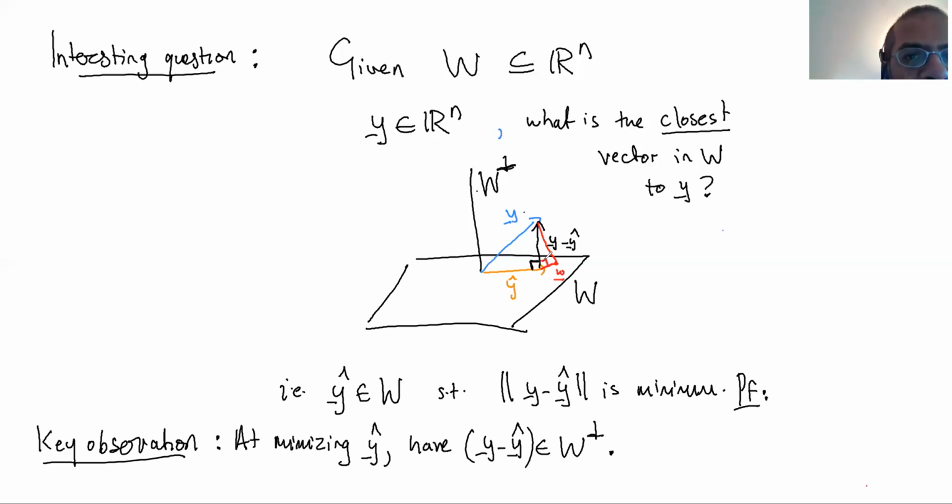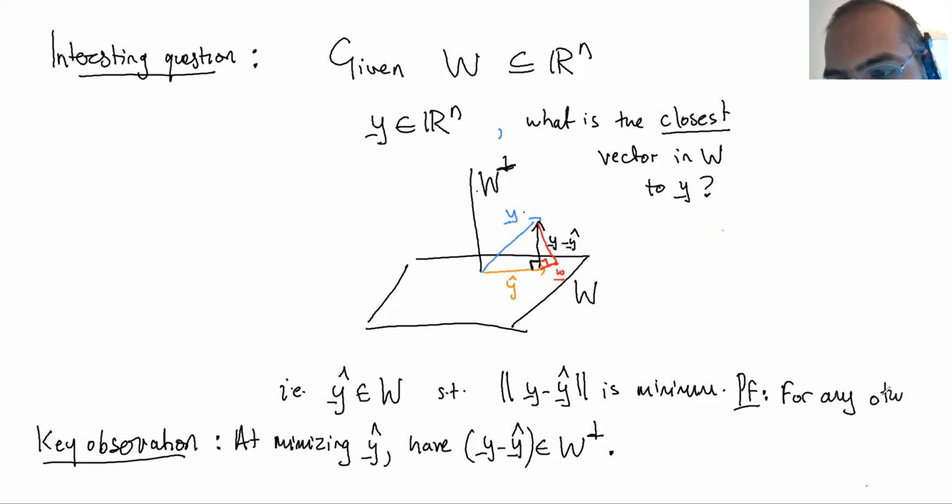Let's think about that for a moment. Imagine it in 3 dimensions with a 2-dimensional subspace. If you drop a perpendicular from a point and you look at any other point, it's also going to make a right triangle. So now what happens in this right triangle? Something quite interesting happens.